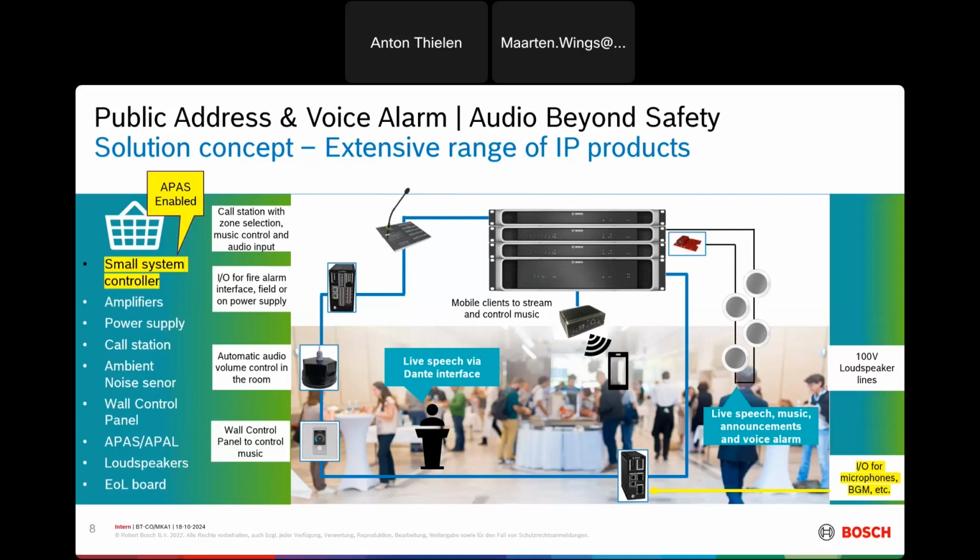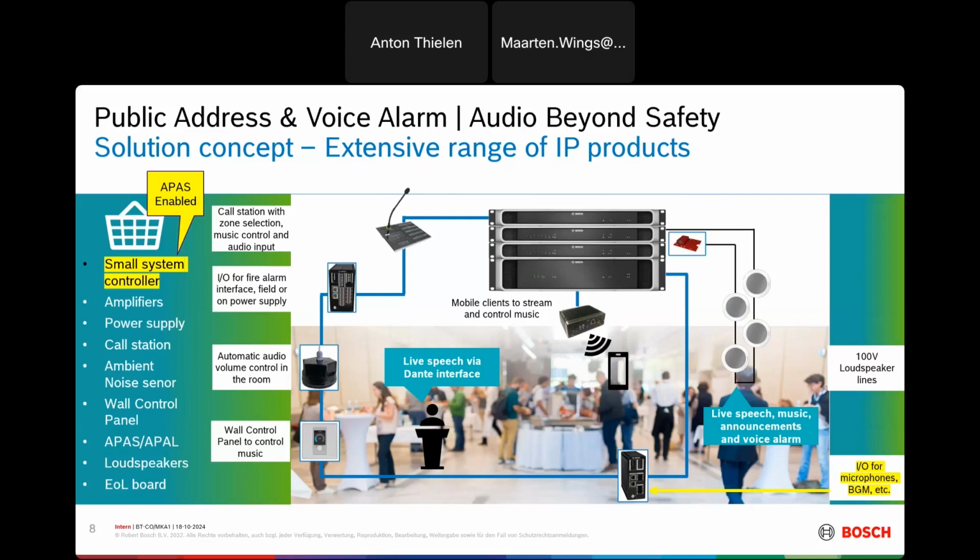You can also collect music lists. We have the ambient noise sensor to tune the volume in an environment like a trade show hall or in the meeting room, so that you really have the nice ambience that is matching the ambient noise. We have the wall control panel where you can select the music sources. And then now, in addition, we also have the I/O interface that you can really bring external audio into the system, or you can connect another device that is taking audio from the system.